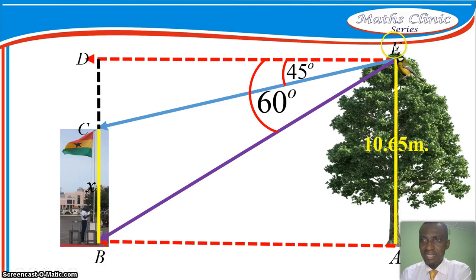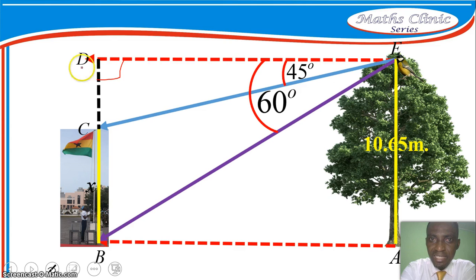If you look at triangle EDB, it forms a right angle triangle with an angle of 90 degrees here. Let me write the angle of 90 degrees here. Can you see that? And so the whole of BED is a right angle triangle. And again, the side D, C, and then E also forms another right angle triangle.